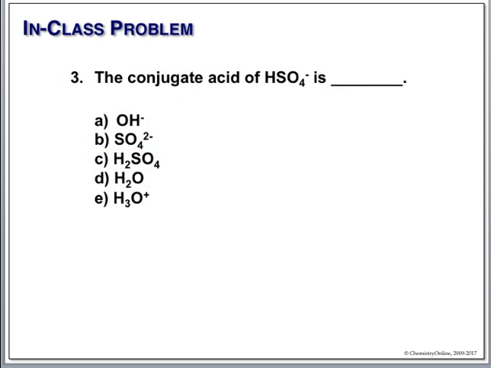I see it now. Conjugate acid of hydrogen sulfate is what? Now think about it. If this is the base, how does the base differ? The base has one less proton and one less negative charge, right?